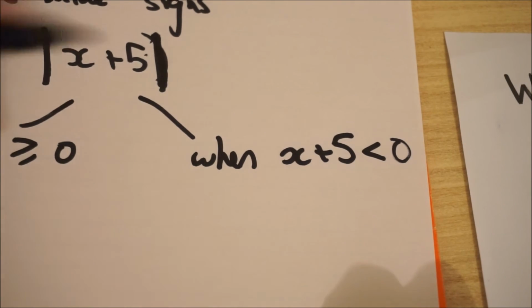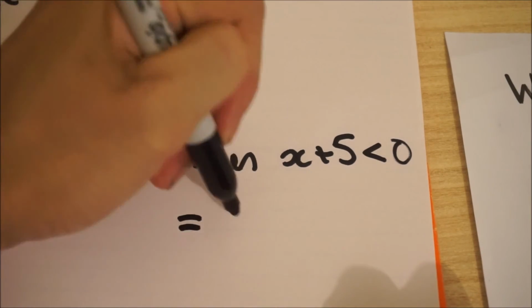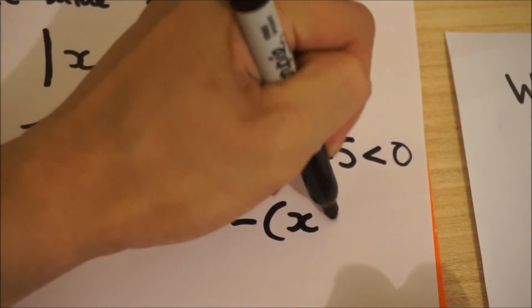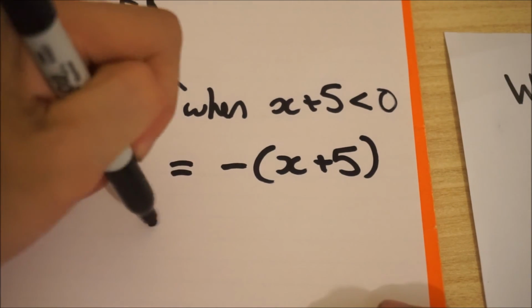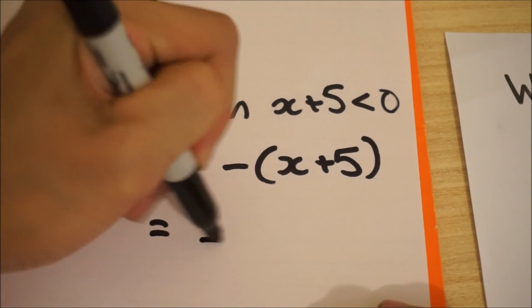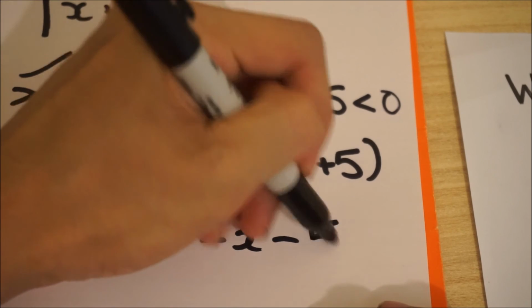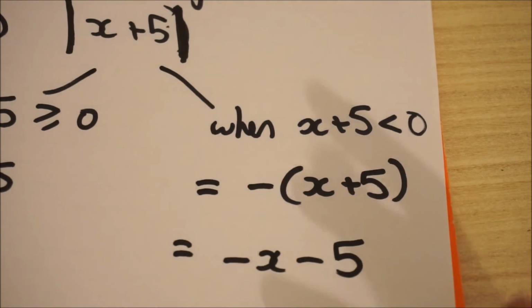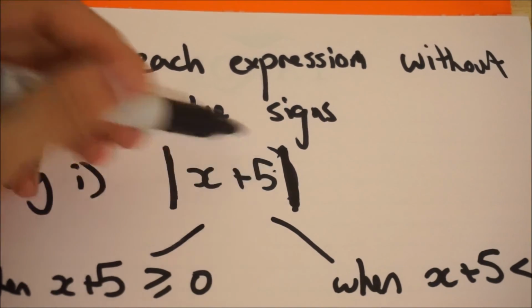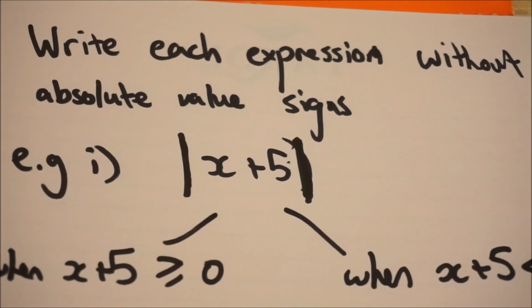What we can do in order to do that is multiply it by -1. When I expand these brackets out, I get -x minus 5. And that's all you need to do. So an absolute value turns whatever expression is inside the symbols into a positive value.